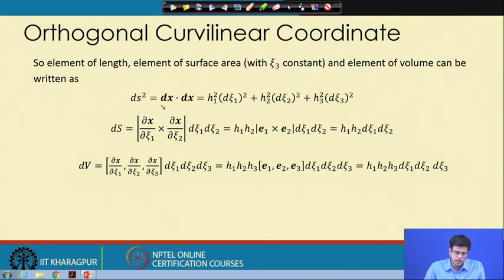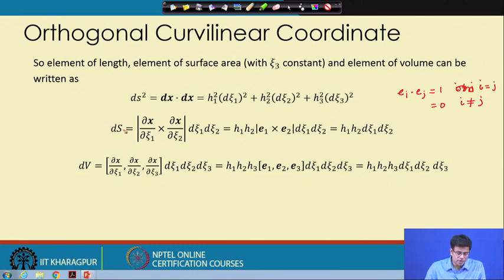Here it is used that since these e_i's are orthogonal to each other, e_i dot e_j is 1 when i equals j and 0 when i is not equal to j. This relation I have used in deriving this quantity, so the length becomes a scalar quantity.